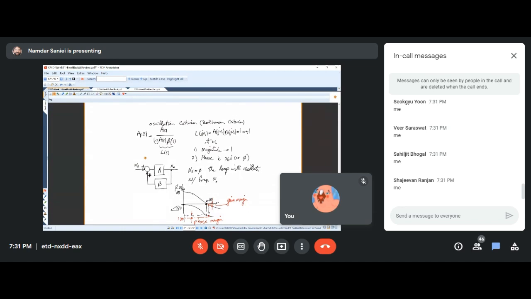You're designing an amplifier, and you're using negative feedback to stabilize things, but if you're not careful, somewhere in your loop you are making it turn around to 360 degrees.